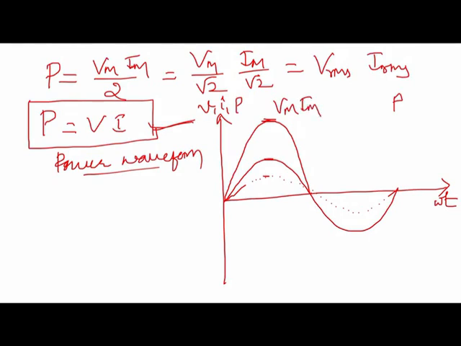For the next, negative half cycle, both values are negative, and negative times negative is again positive. This peak is again Vm Im. This is the instantaneous power P, this is the applied voltage V, and this is the current flowing through R. So this is the power waveform for the pure R circuit.